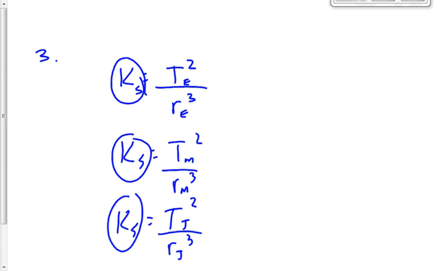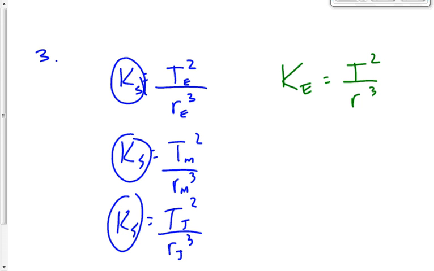Now, having said that, we could say that the Earth has a Kepler's constant as well. That could also be equal to T squared over R cubed. But it's not going to be T Earth over R Earth squared or T Jupiter over R Jupiter squared.